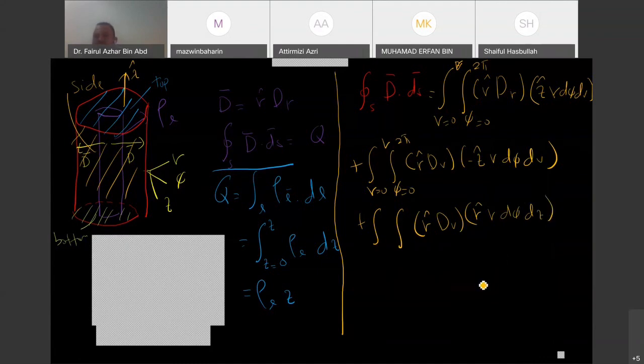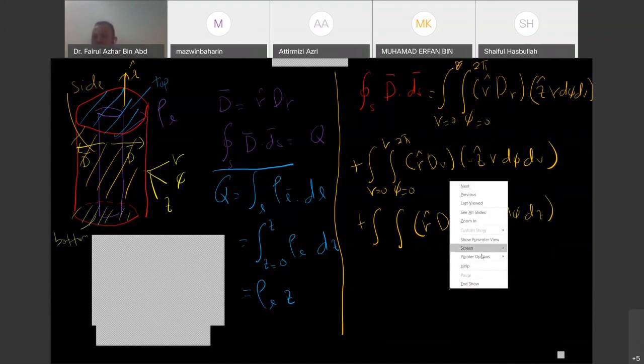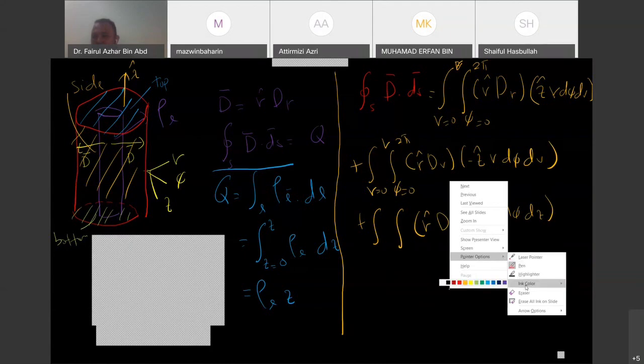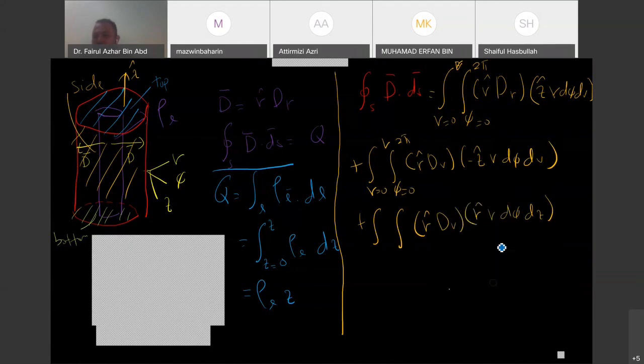By referring to these expressions, we can see that this expression will become 0, because in the dot product, r cap dot z cap results in 0. Similarly, this expression will be 0 as well, because the dot product involves two different components, r cap and minus z cap.